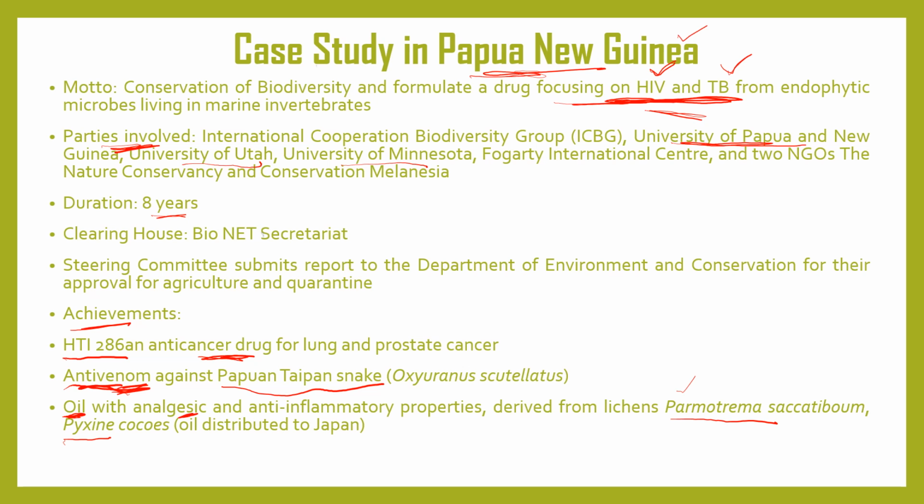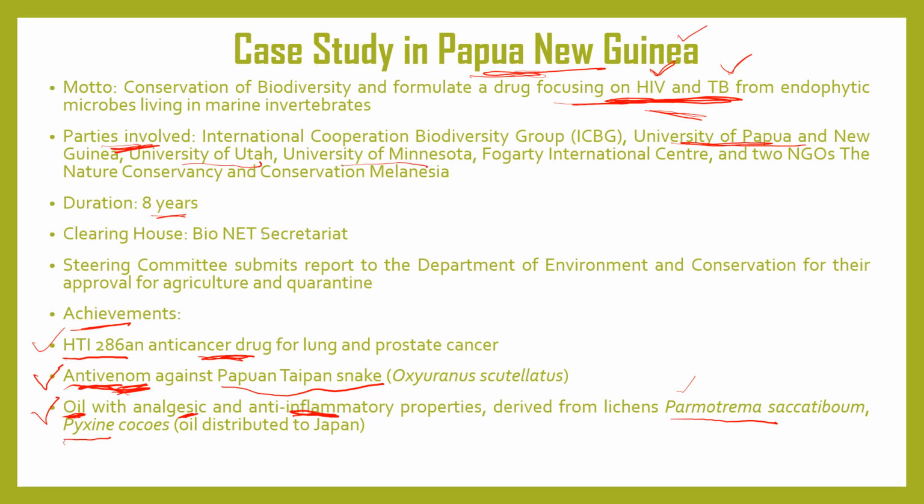It has analgesic as well as anti-inflammatory properties. So we see three achievements: one is the medicinal oil, another is the anti-venom, another is the anti-cancer drug. So these are the three achievements.